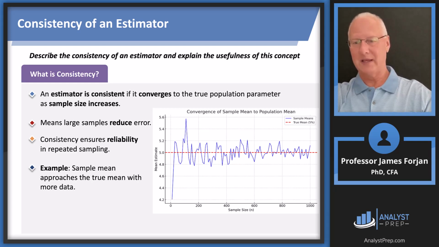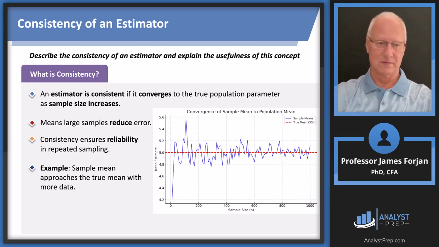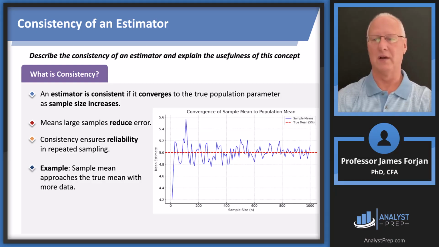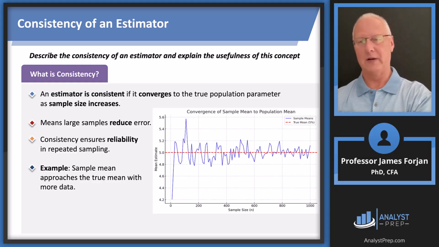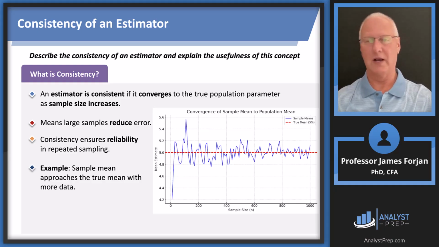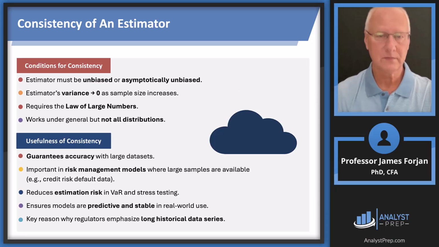But as you get out to 600 and 800 and 1,000, notice that difference is minimized, right? That's what that means. Look down at the bottom. Sample mean approaches the true mean with more data. So if you go out to 1,000, who the heck wants to go out and interview 1,000 finance professors?